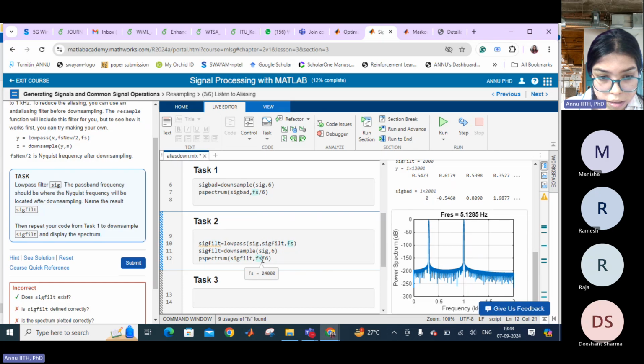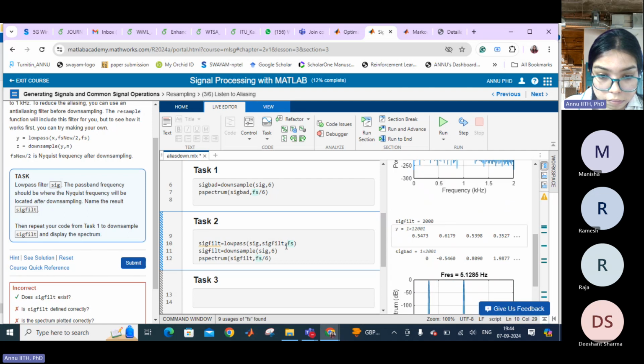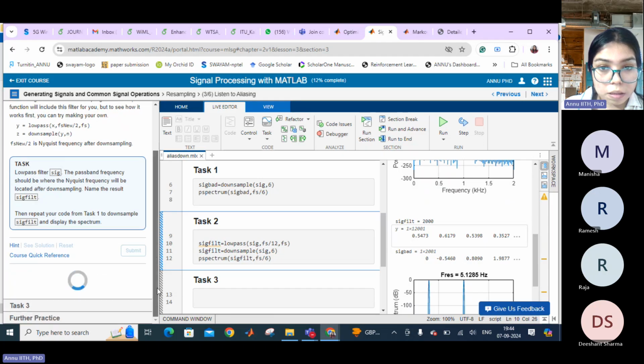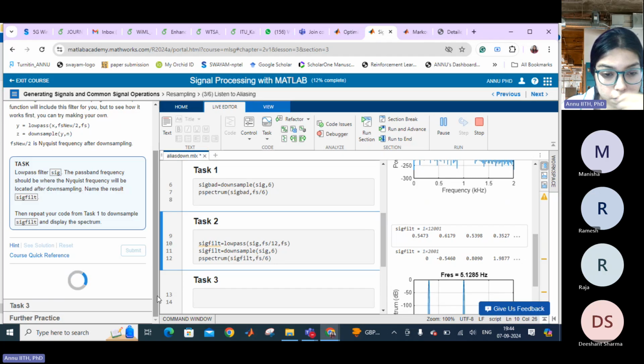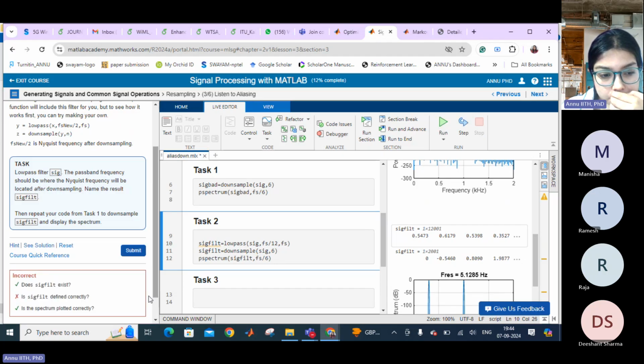But in MATLAB, sig_filter exists, correctly defined. What is the problem now?